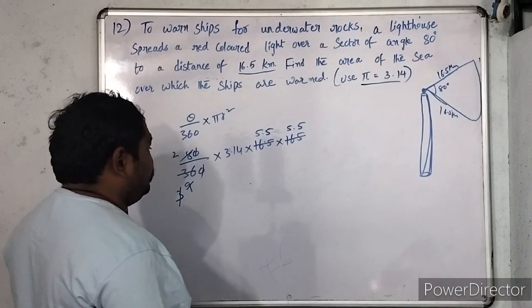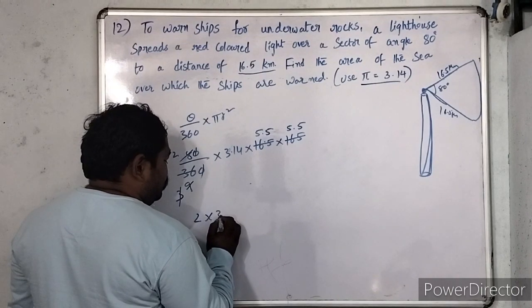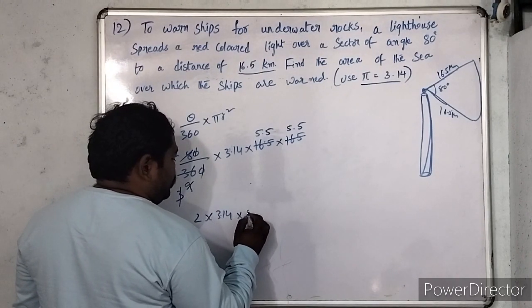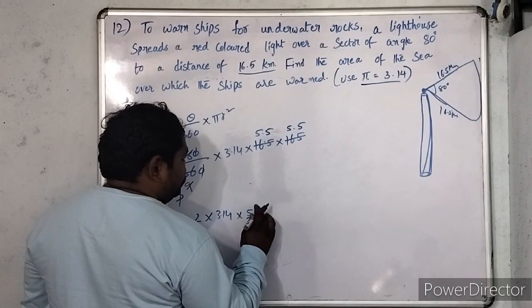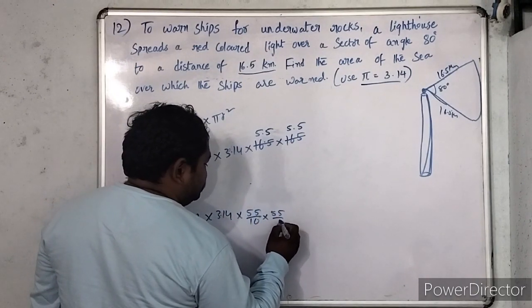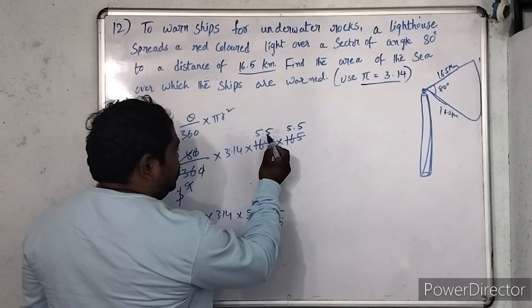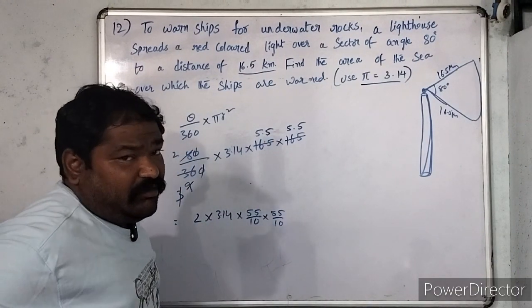Okay, 5.5 we will get. On the numerator we have 2 into 3.14 into 5.5 into 5.5. 5.5 can be written as 55 by 10, because we have 1 place after the decimal point. Therefore, on the denominator we have 10.